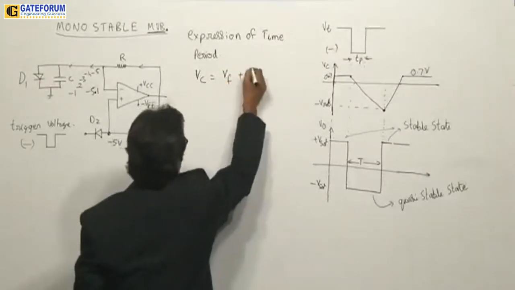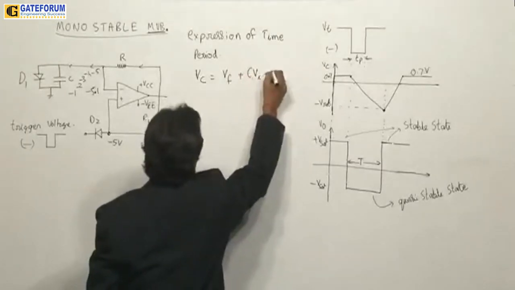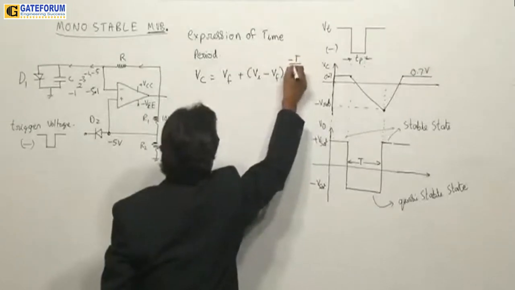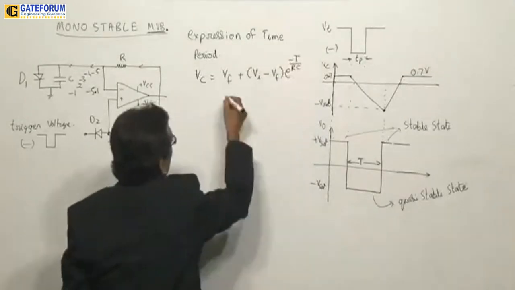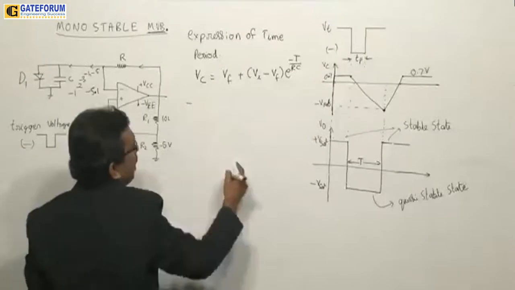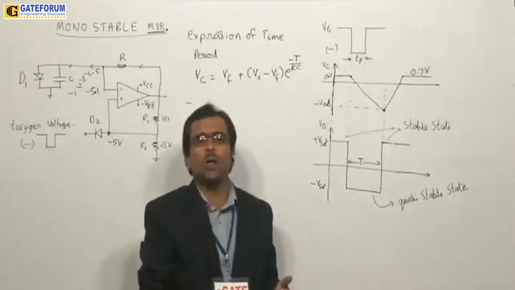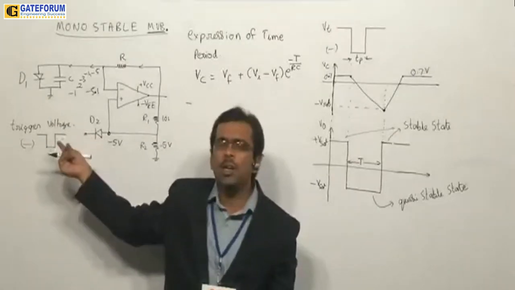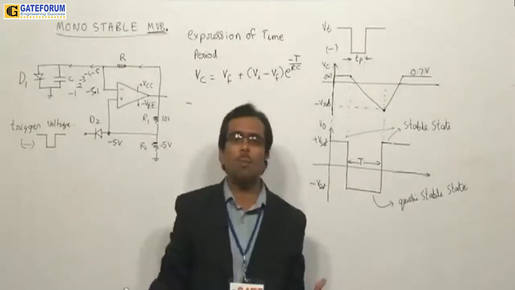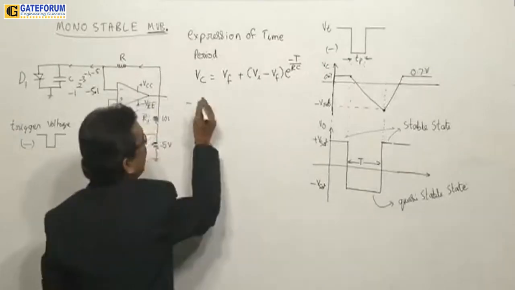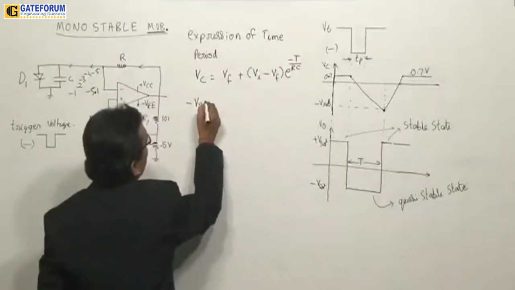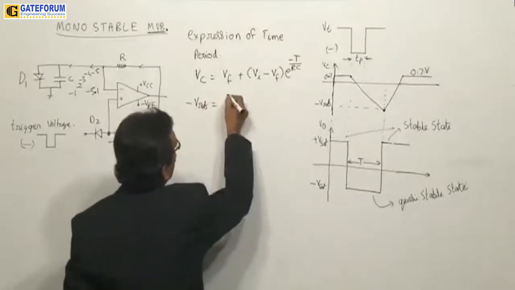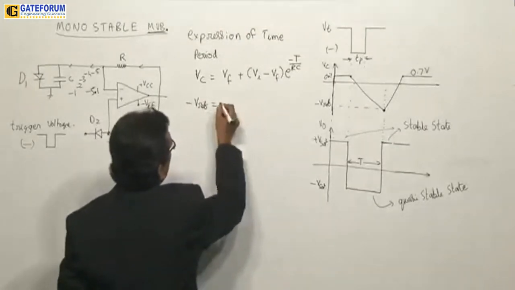Voltage across capacitor is equal to V final plus V initial minus V final into e power minus t by RC. So this is what you have. Here the capacitor cannot charge to plus Vsat or plus V reference. Why? Because always diode is limiting it to 0.7 volts. So you will not get plus Vsat. It means the capacitor will charge only up to negative reference, minus V reference here. You can take it as LTP also.